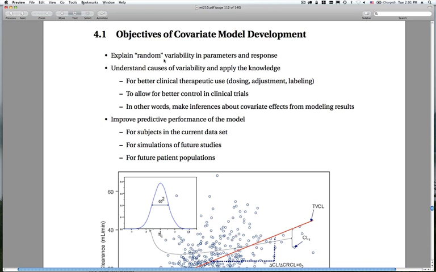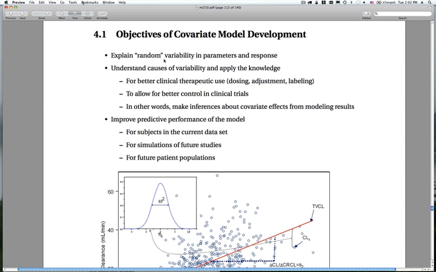And if we can explain the apparent randomness with something that's measurable, now we've learned something, whether it's causative or just correlated is another question, but at least we have some grasp on the understanding of that variability in the population.